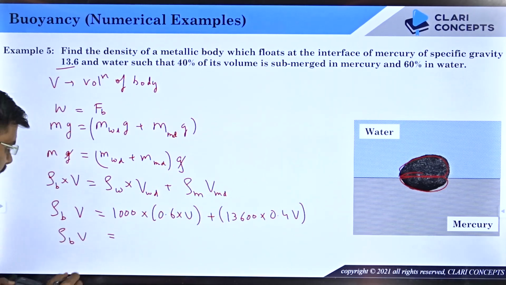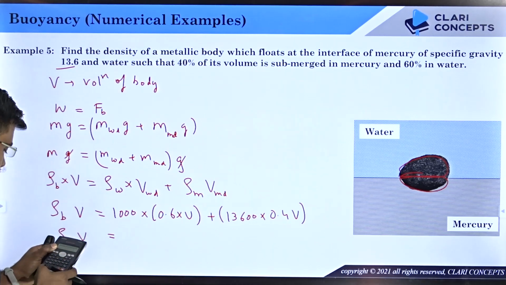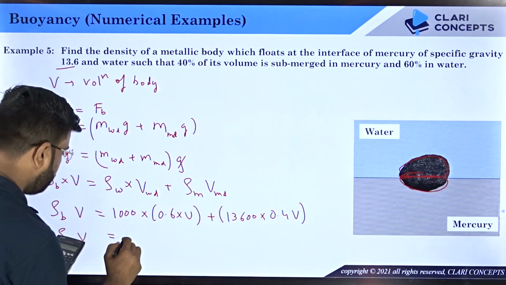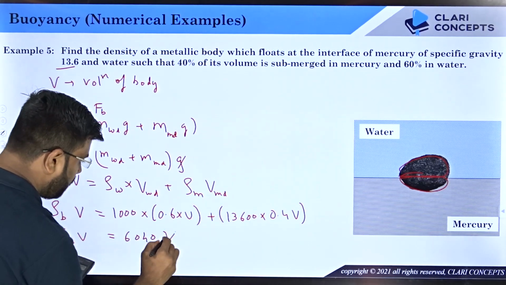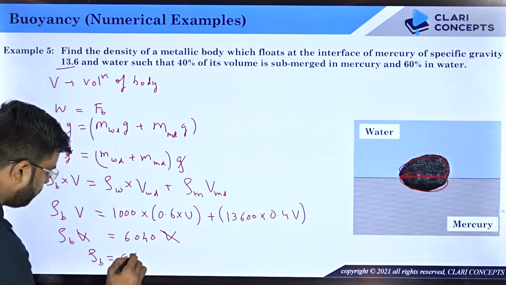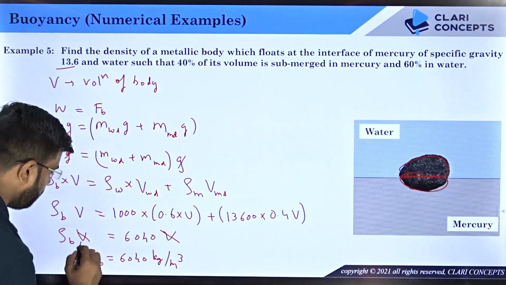Rho B into V is equal to 600 V plus 13600 into 0.4, this is 5440 V. And V will get cancelled. So density of the body is 6040 kg per meter cube. Answer.